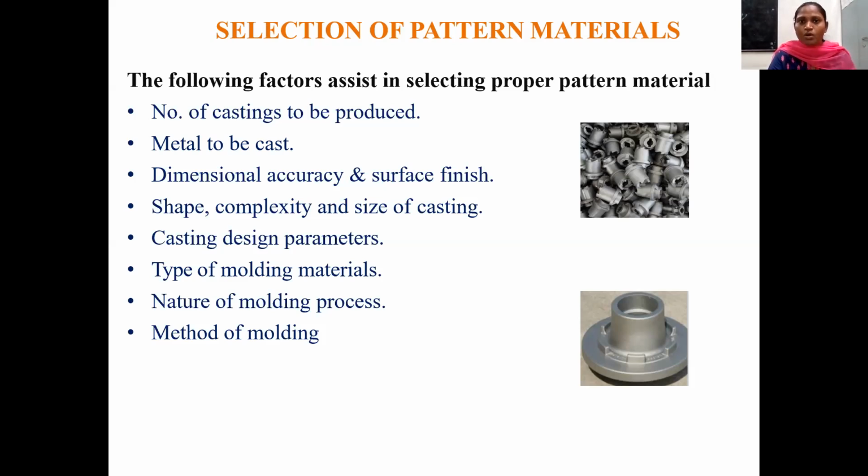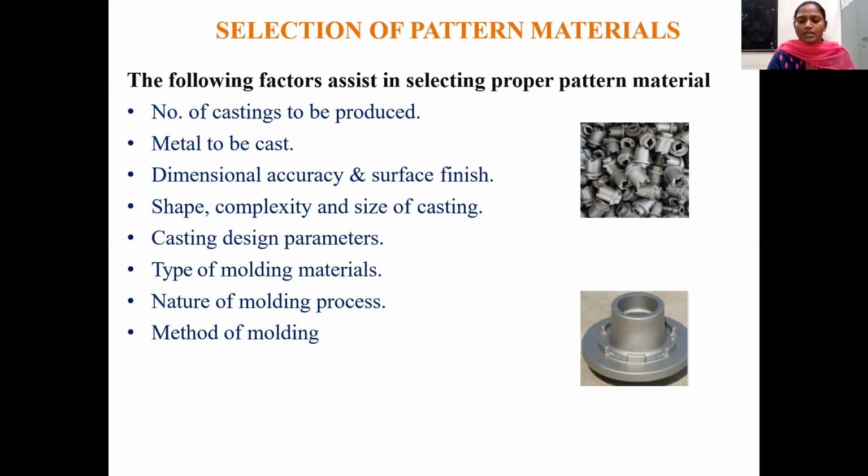Wooden patterns will not engage for severe shocks, so they will not choose wooden patterns for machine molding. Why? Because the method of molding is very important in case of wooden patterns.